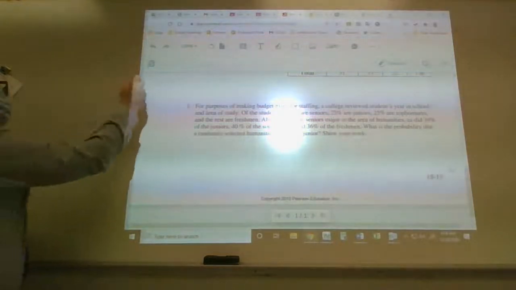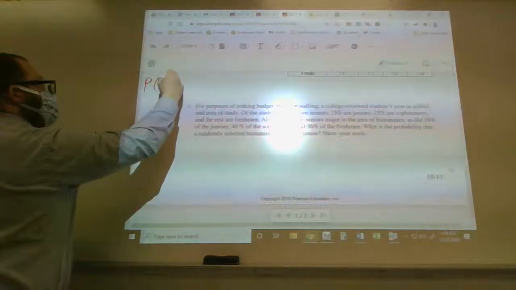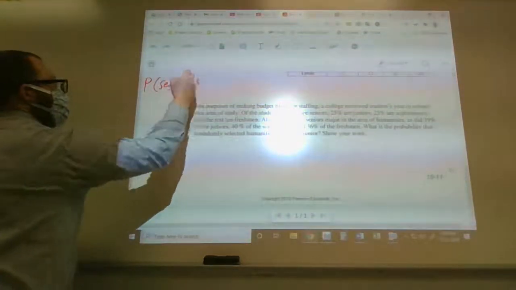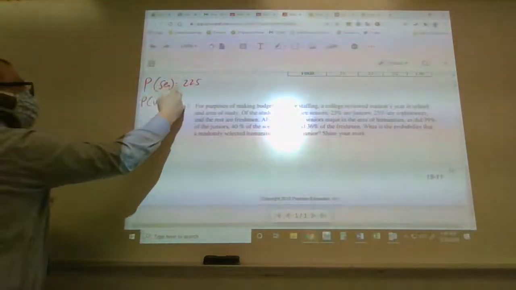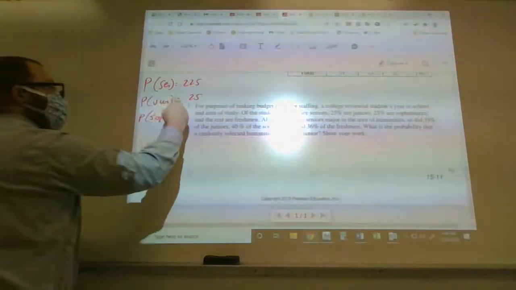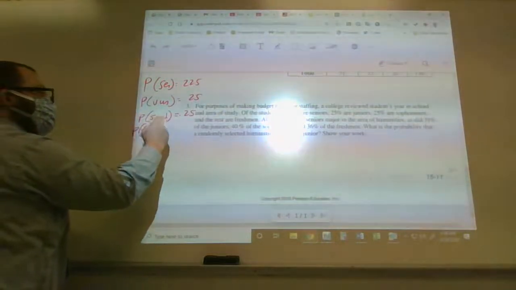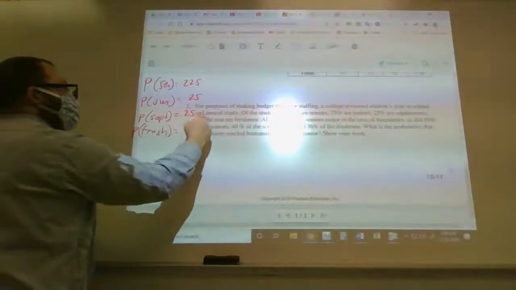I'm just going to jot these down and erase them later. They give you the probability of a senior, a junior, a sophomore, and a freshman, although indirectly, because they say the rest are freshmen.